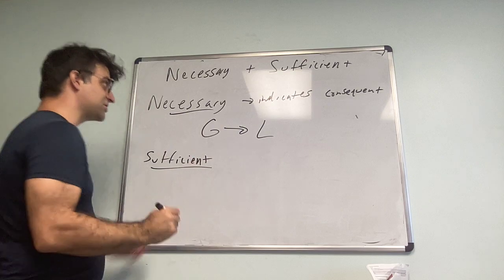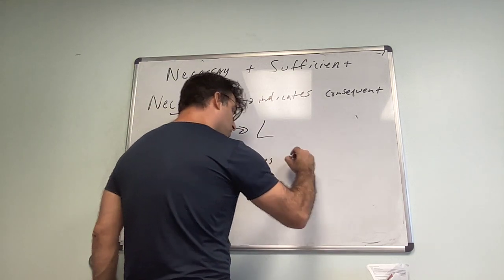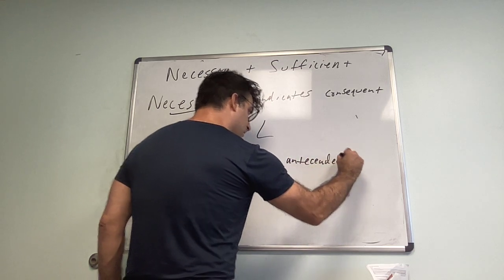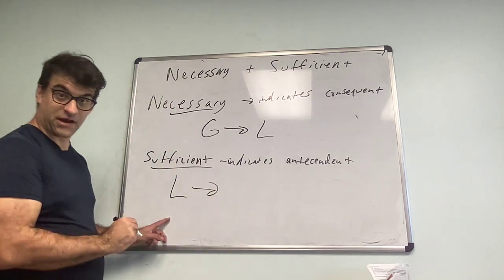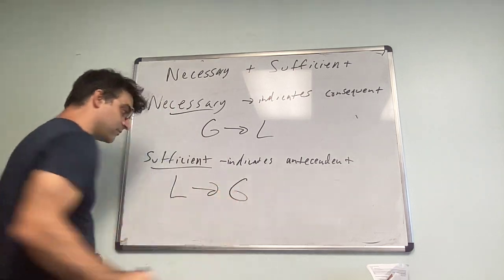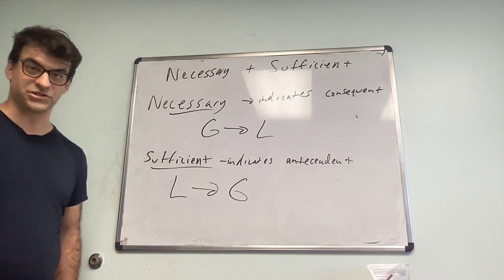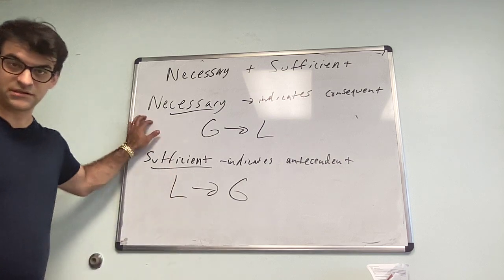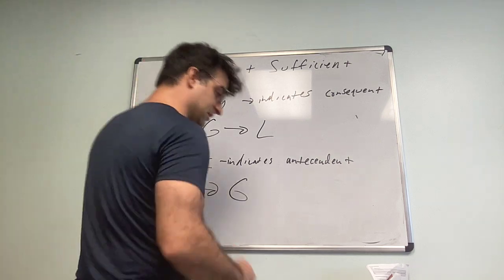Sufficient condition indicates antecedent. To graduate, it's sufficient to pass logic. There might be other ways to graduate, but where you are with your credits, passing logic guarantees graduation, brings it along with it. Okay? Necessary indicates consequent, sufficient indicates antecedent.